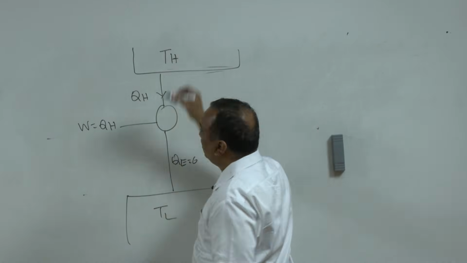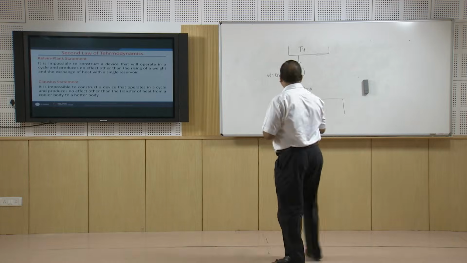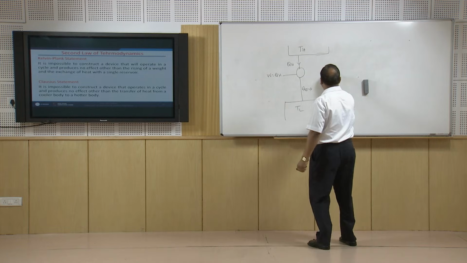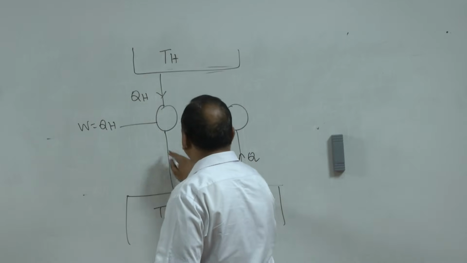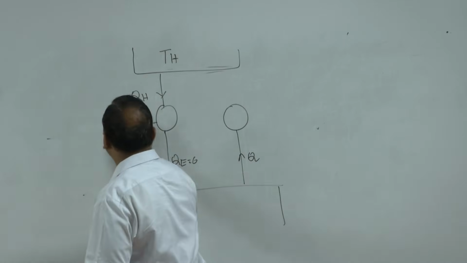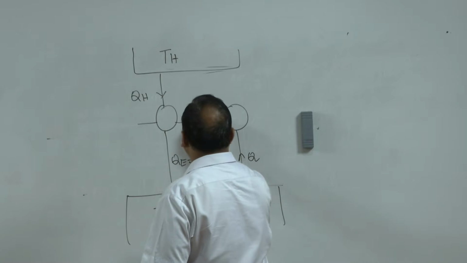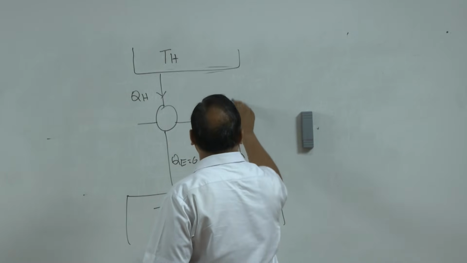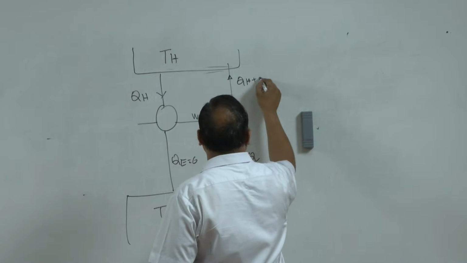This is a violation of the Kelvin-Planck statement. Now we have a device which is pumping Q amount of heat, and if we connect this with this device, instead of having output on this side, if we couple them, then W is equal to QH, and heat transmitted to the high temperature reservoir will be QH plus Q.